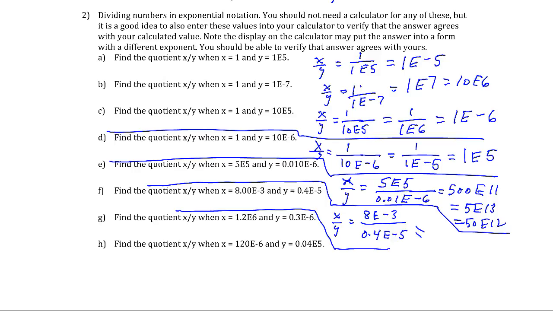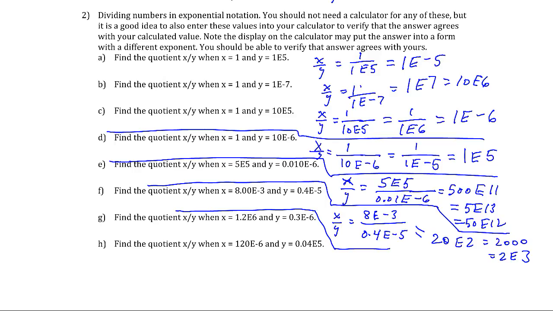I think that's a 20, right? If I multiply 0.4 times 2, I get 0.8, and then multiply by 10. So that's a 20. And then when I bring the 10 to the minus 5th into the numerator, it becomes 10 to the plus 5th. Plus 5 minus 3 is 2. So 20e2, or 2000, or 2e3. Okay?